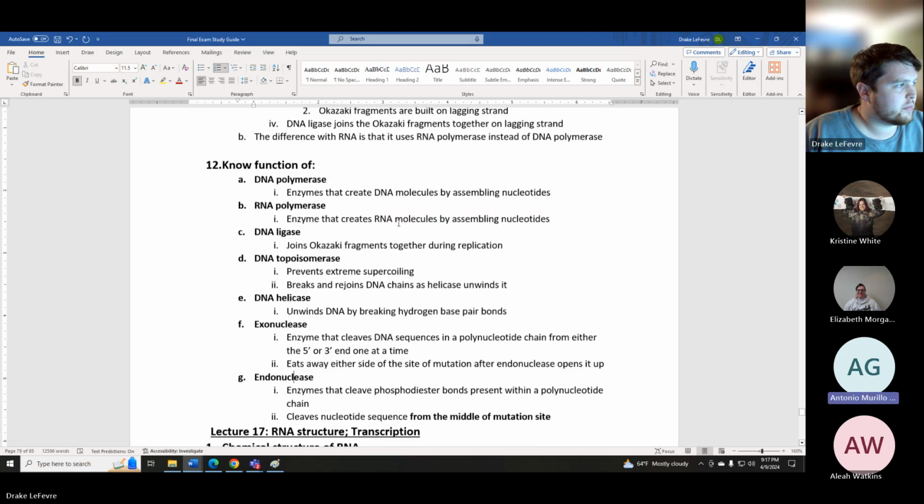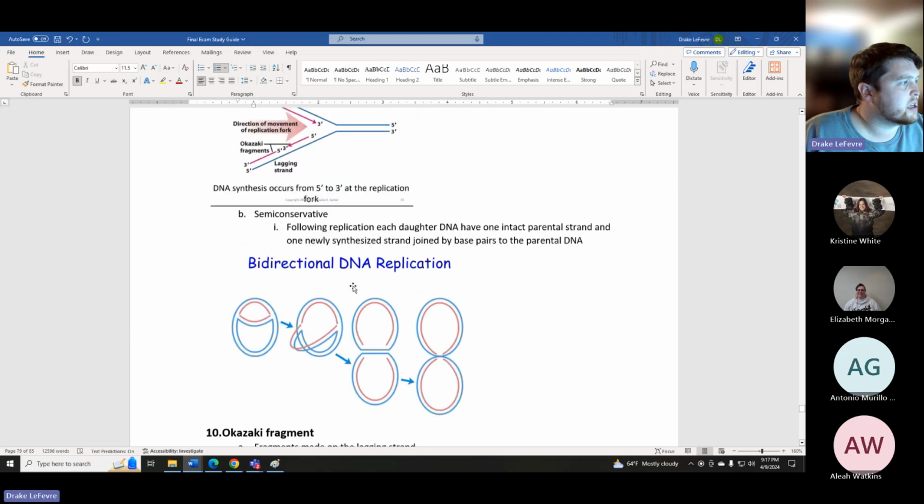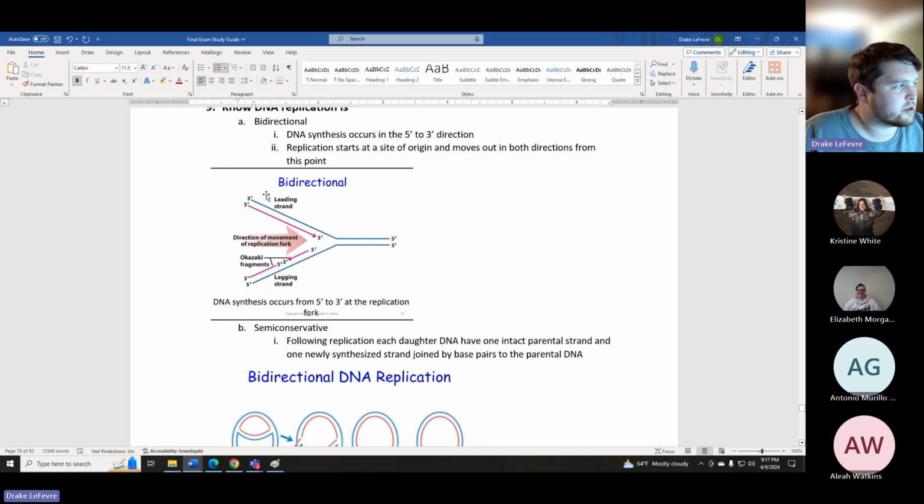Yeah. Okay, so this is going to tie in with each of the different steps. For example, DNA polymerase is the enzyme that creates the DNA molecules by assembling the nucleotides. When we get the creation of the leading strand or the lagging strand, the DNA polymerase is what's going to bind and go down, and it's the protein that is building the new strand of DNA.